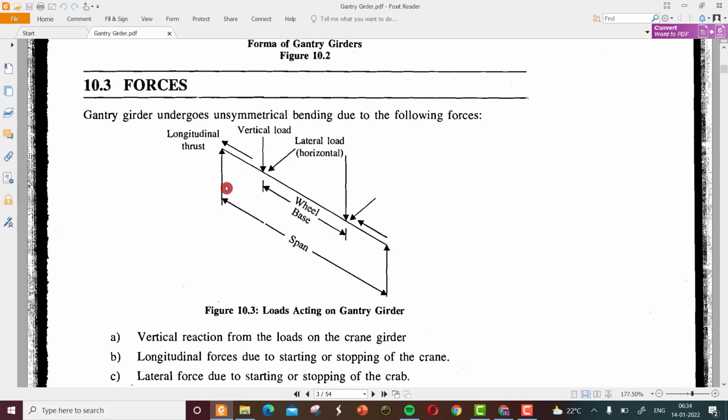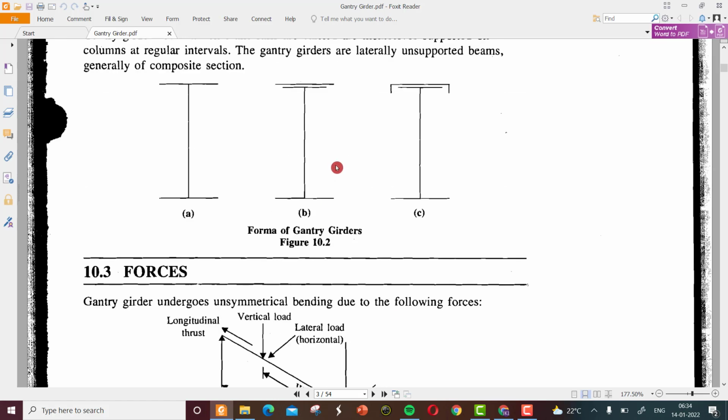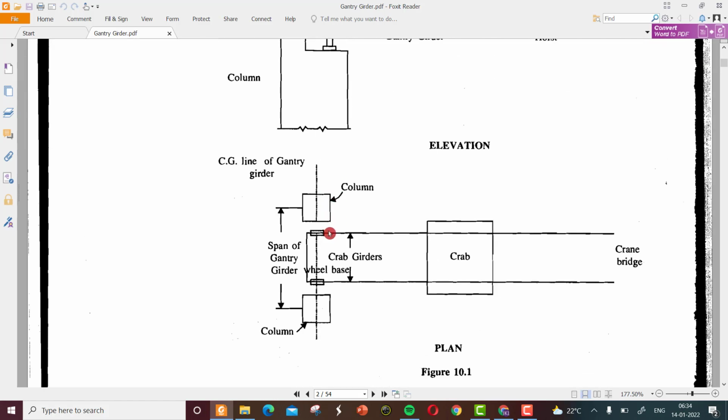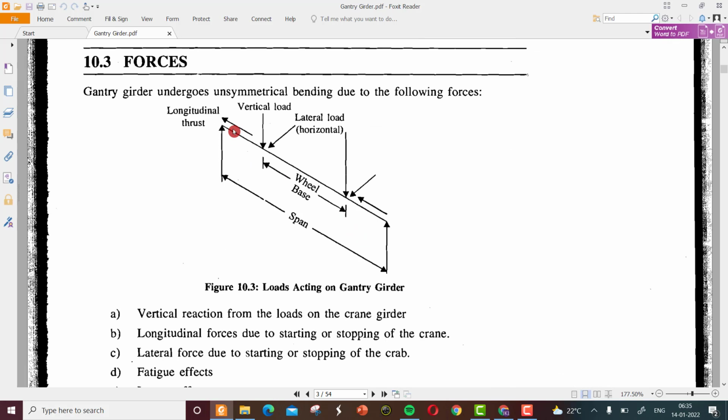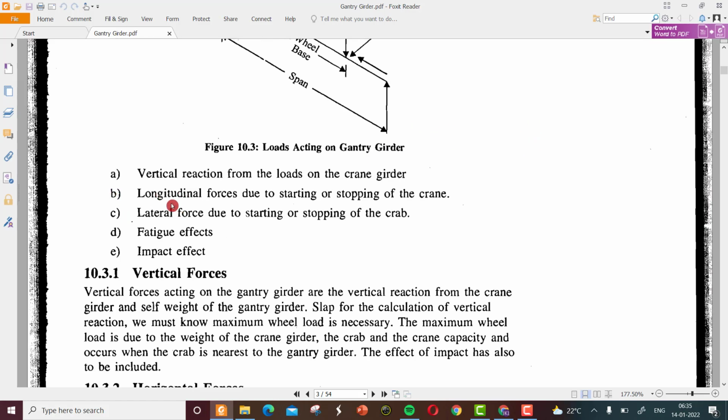And the wheelbase, what we discussed, is the distance between two adjacent crane bridges. There will be longitudinal thrust due to the movement of the crane bridge. There will be vertical load at two points of the span, the span being the wheelbase, and we'll have a lateral force due to the movement of the crab over the crane bridge.